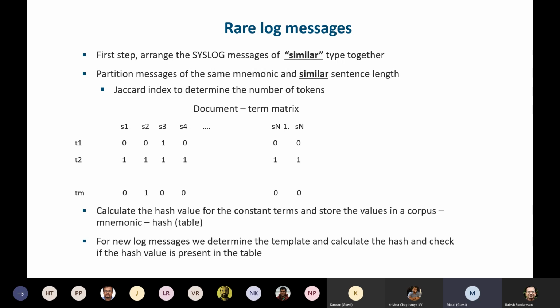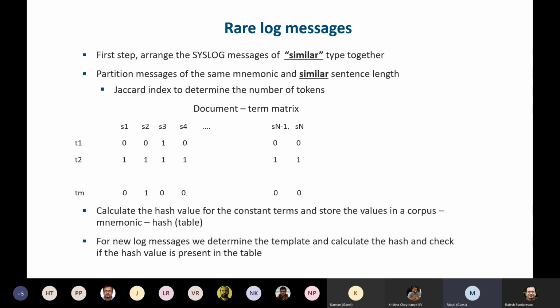One implicit assumption is that if the sentence length of the description is equal, the error messages are also similar within the same mnemonic, of course.